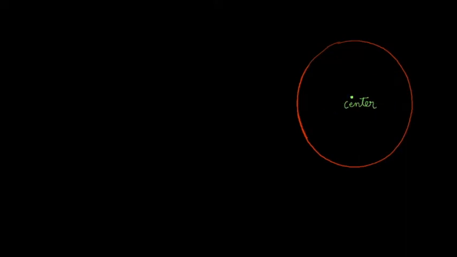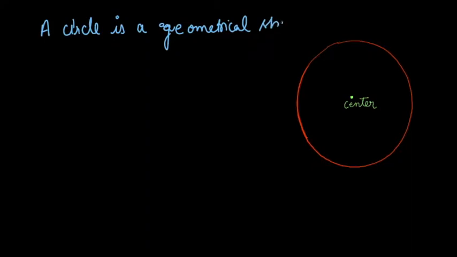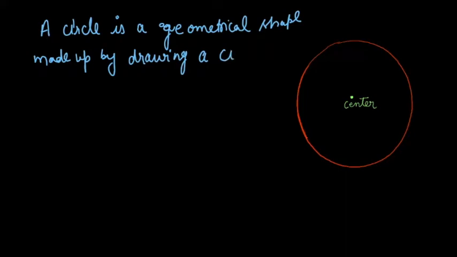So how do we define it? Let me write it for you. A circle is a geometrical shape, and in fact it's a two-dimensional shape, made up by drawing a curve.